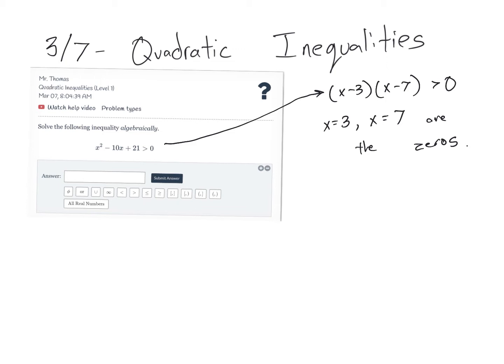And really what it means is, if you were to graph, and we don't do much graphing here at all, if you were to graph this quadratic, it would look like this.